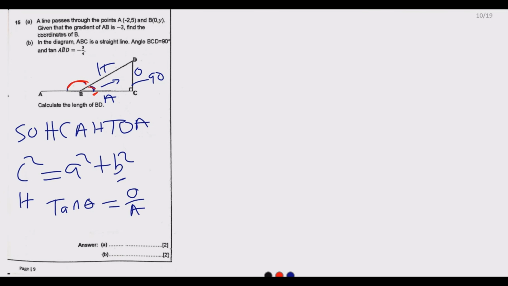So this angle here is what we call tan of angle B, the angle at B. If this is the case, the angle CBD is equal to the opposite of this, which is 3/4.